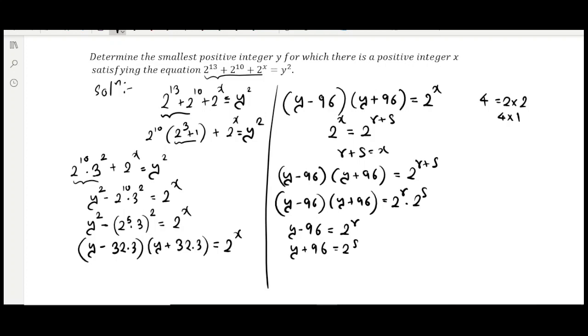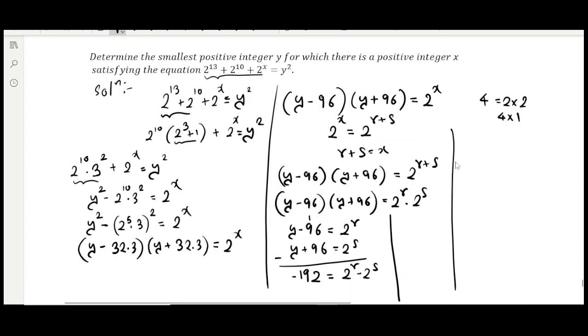As y is a variable here, to get the value we will subtract them. So what will we get? Minus 96 minus 96, that is minus 192, equals 2 raised to power r minus 2 raised to power s. Now sending the negative sign across, it will become 2 raised to power s minus 2 raised to power r equal to 192.